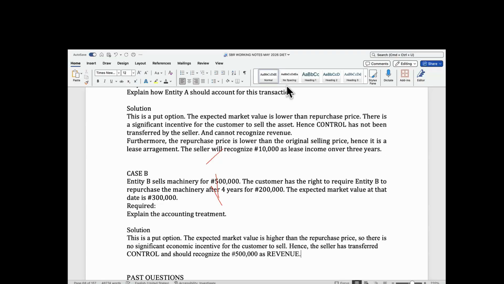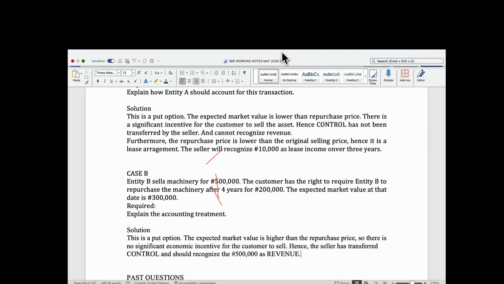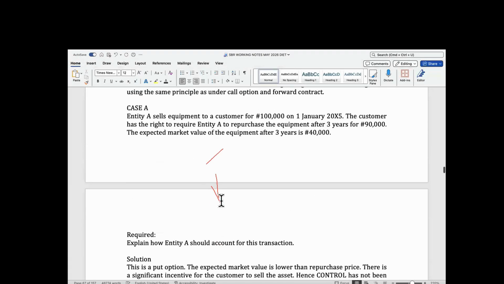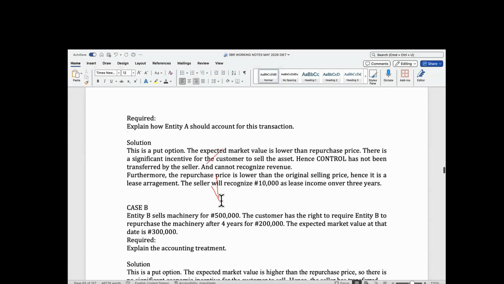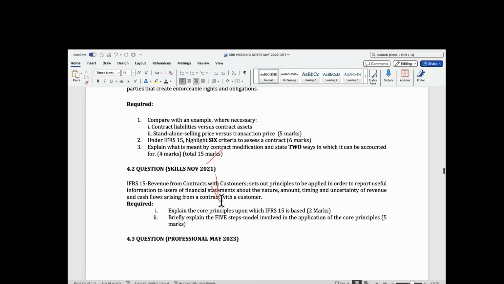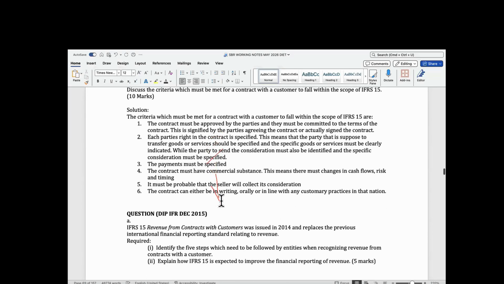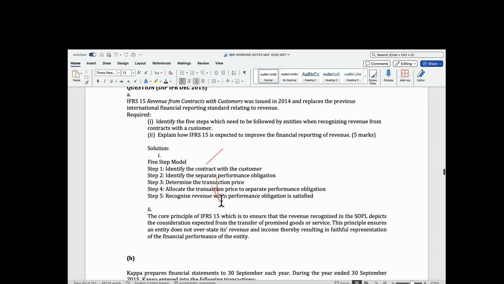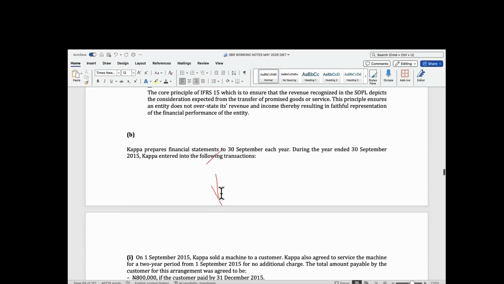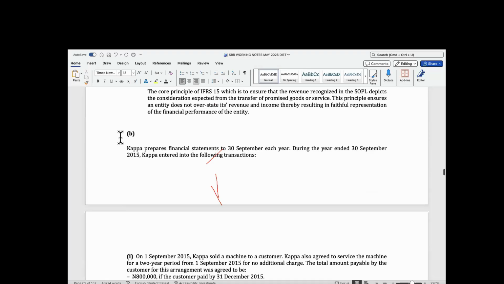Okay, so that's the end of IFRS 15. So you need to revise this because I see them asking that part. They can ask any of the parts that we have mentioned, but they ask it often in your exam.